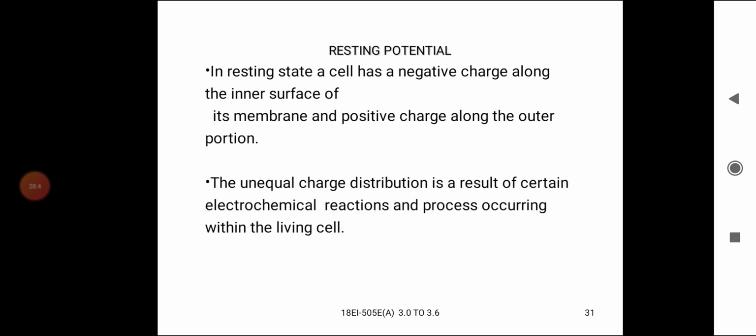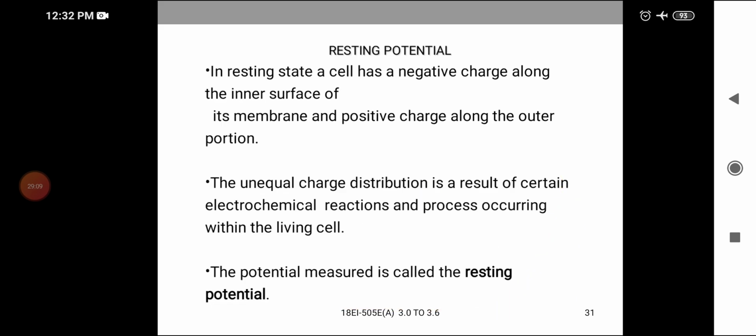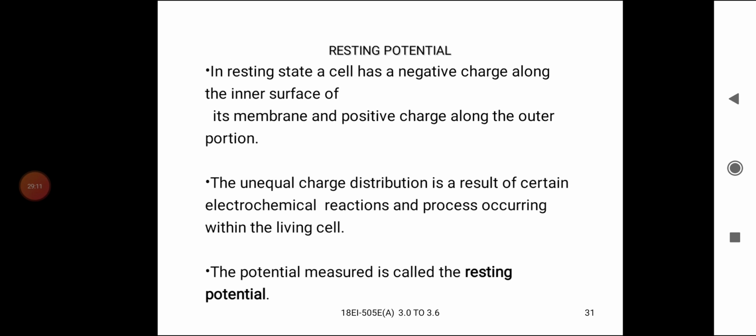The unequal charge distribution is a result of certain electrochemical reactions and processes occurring within the living cell. The potential measured is called the resting potential.